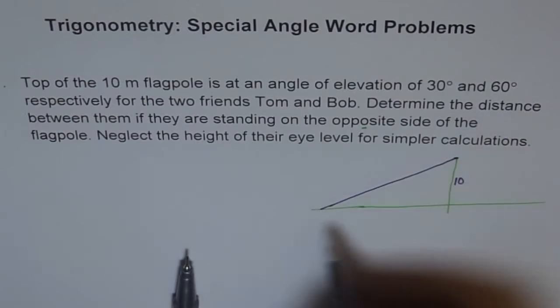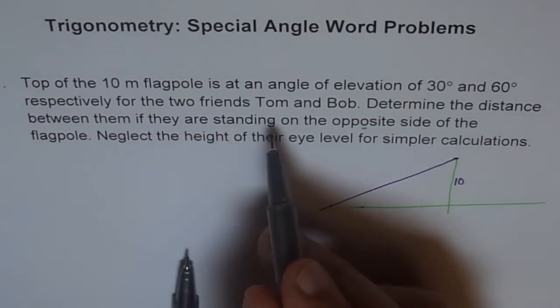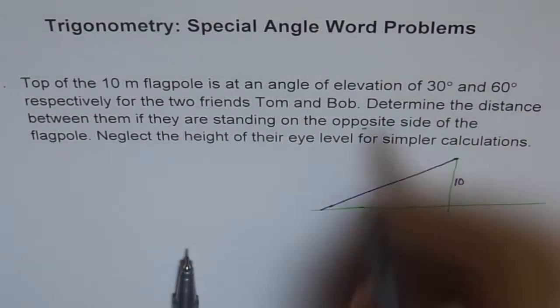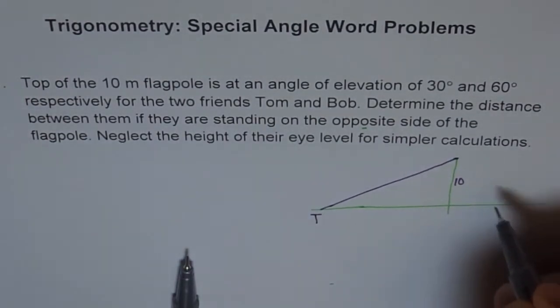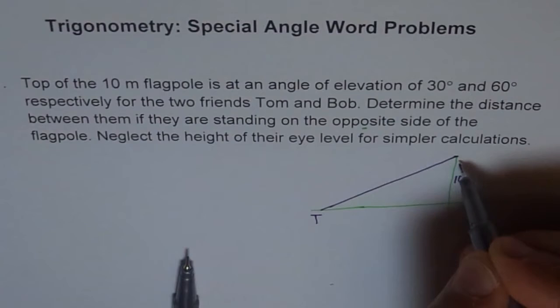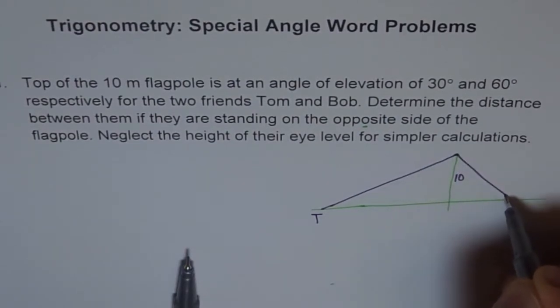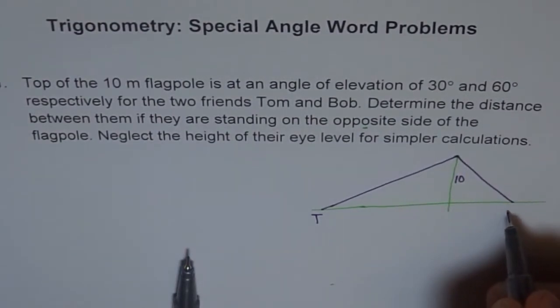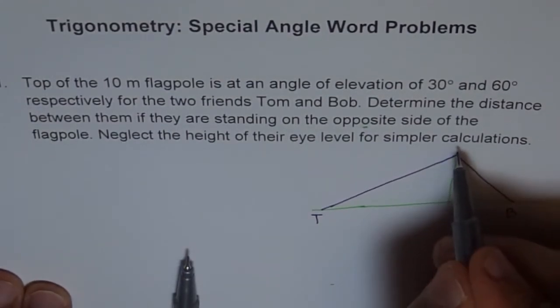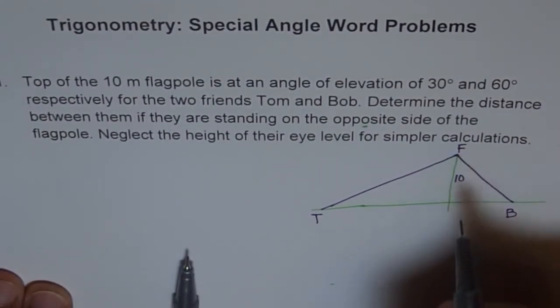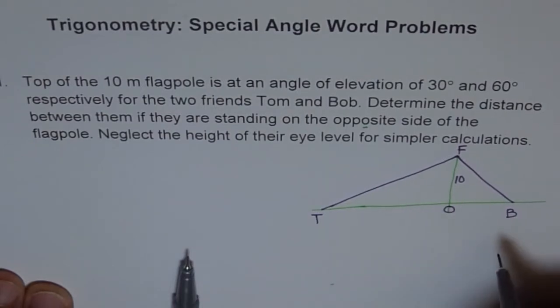The 30 and 60 degrees are respectively for the two friends Tom and Bob. So Tom is at 30 degrees angle of elevation, okay, and Bob is at 60 degrees, and they are on the opposite side. So we'll make it 60 degrees, kind of like this. Let's say Bob. Now let's say this is our flag. We'll write F here and O for this on the ground.